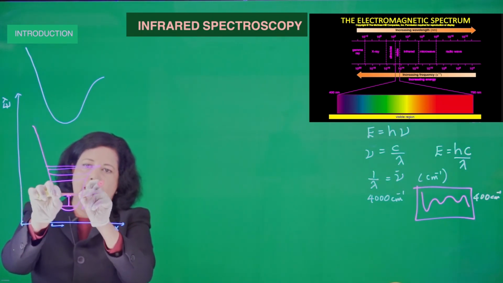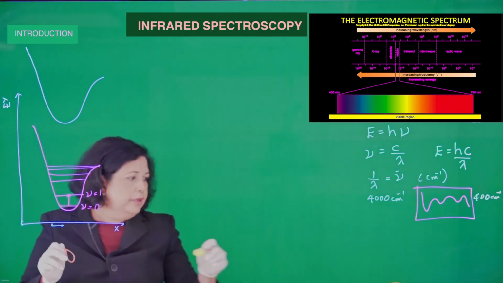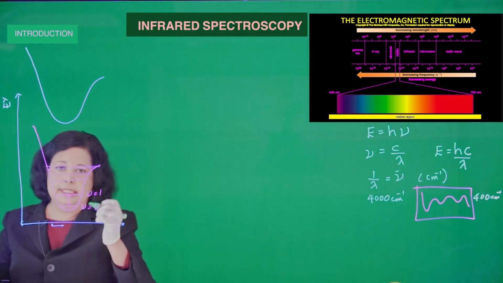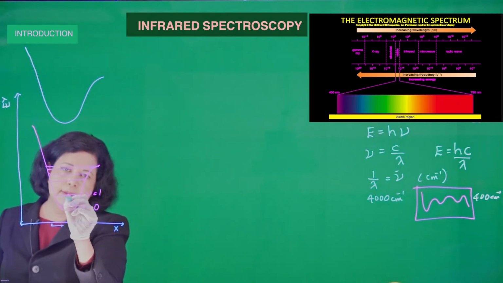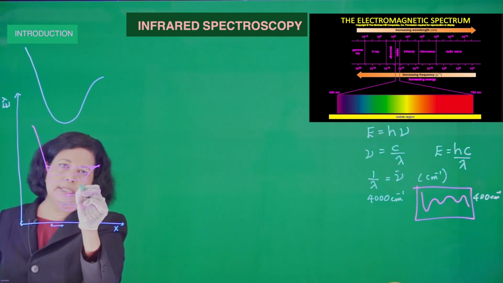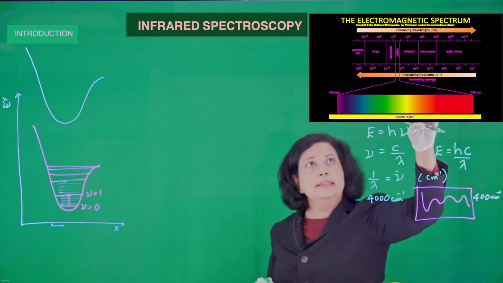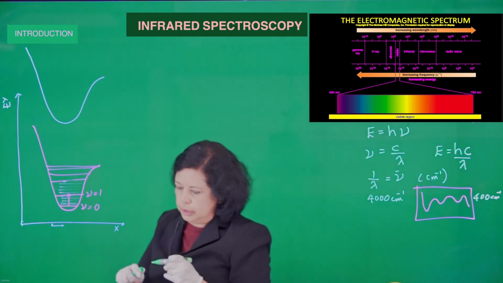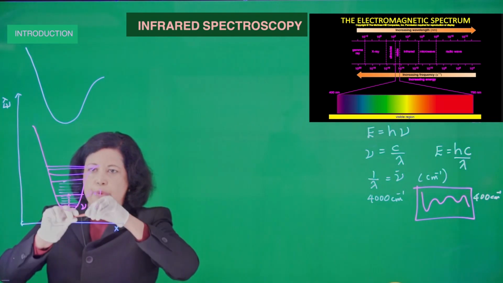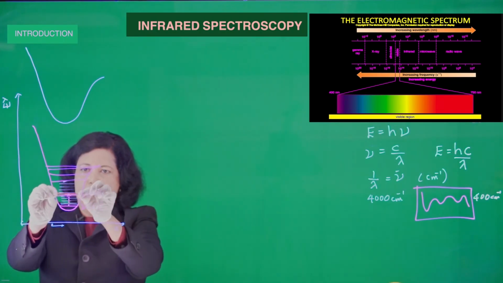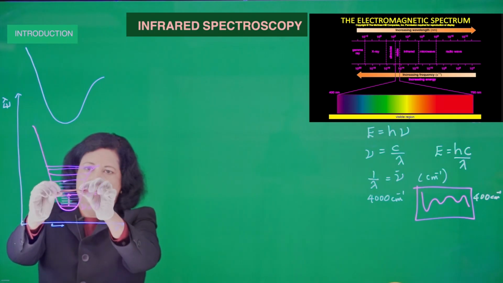Now, in between, there are also other rotational frequencies. The rotational frequencies would be in the microwave region. That's called the Raman spectra. While it's stretching, it's also rotating.